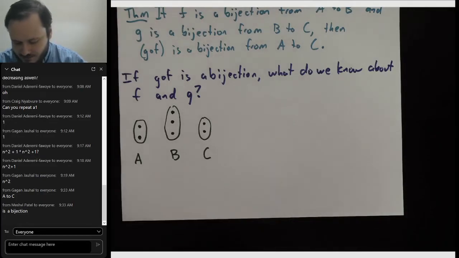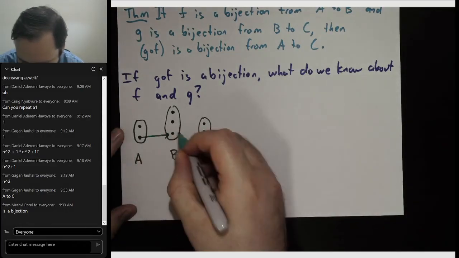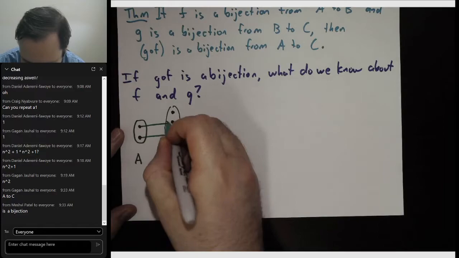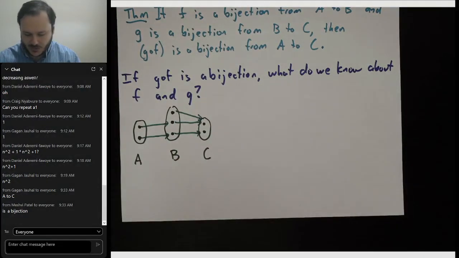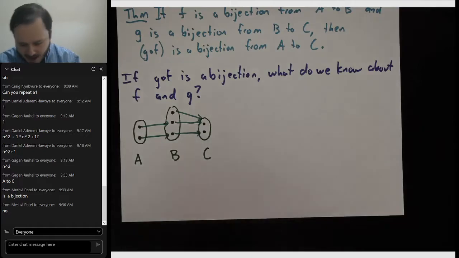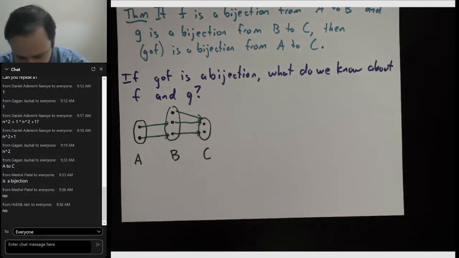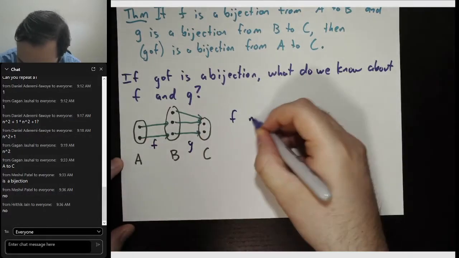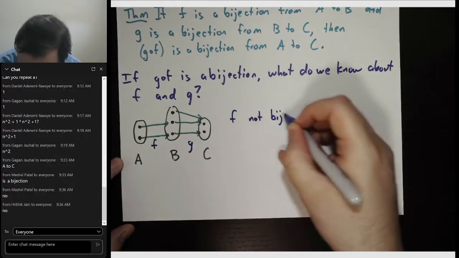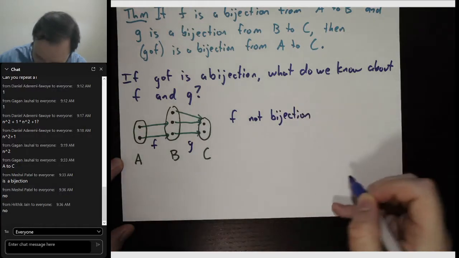If this is F, and G, is F a bijection? F is not a bijection. Why is F not a bijection?